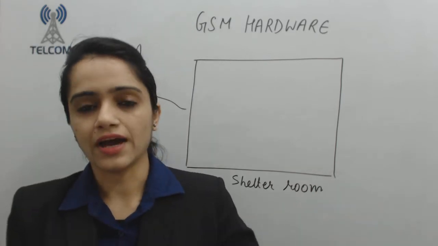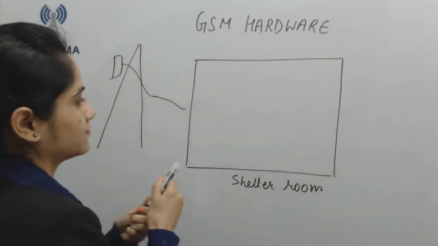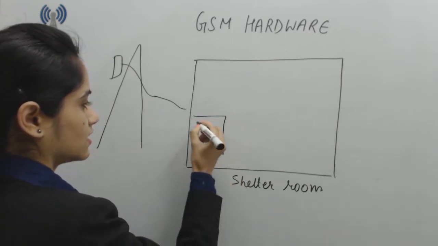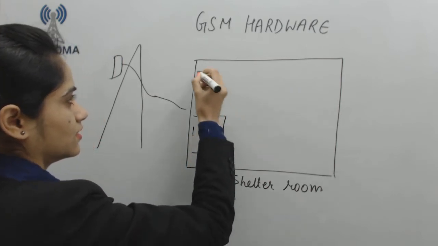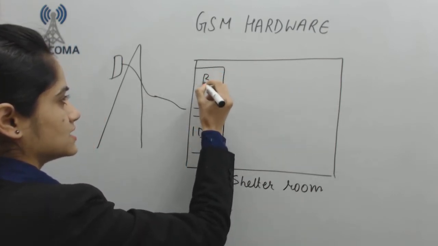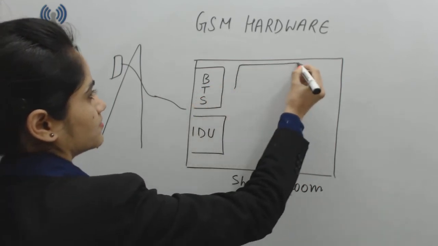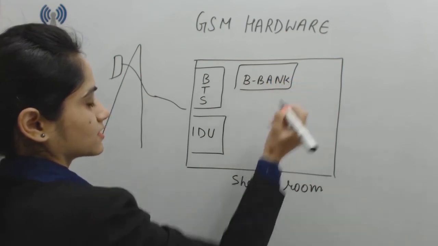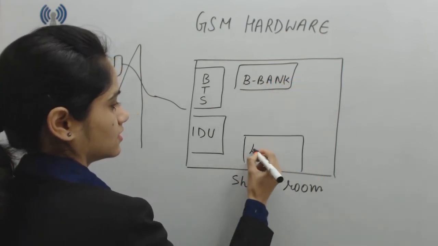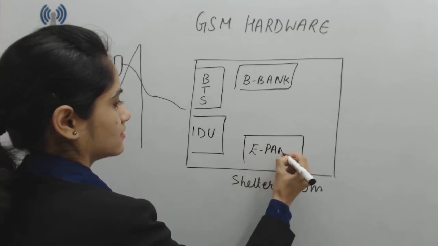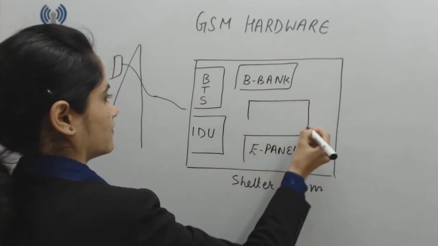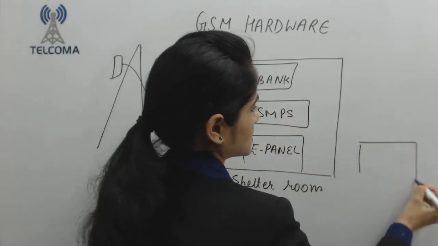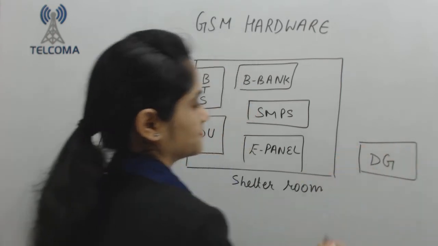In a shelter room we have a number of components placed, like the IDU, we have placed the BTS, then we have the B bank, the E panel, the SMPS, and then outside the shelter room we have a DG.